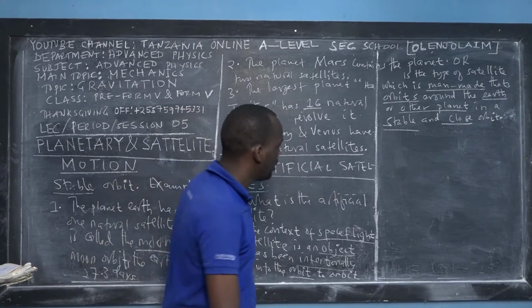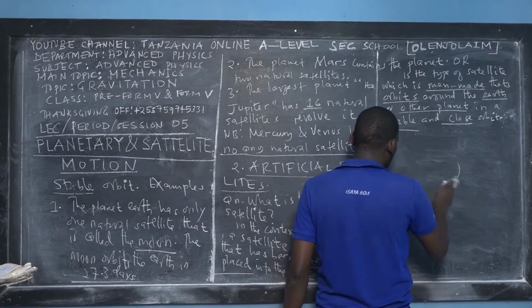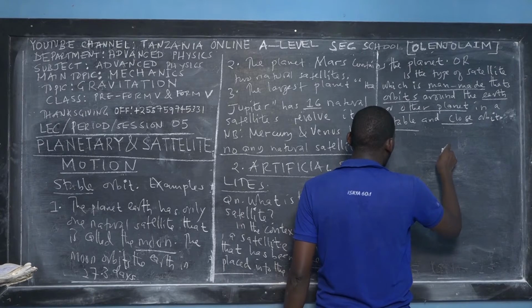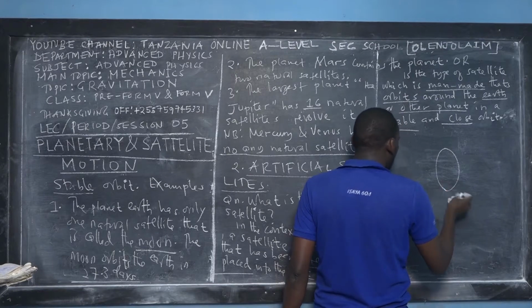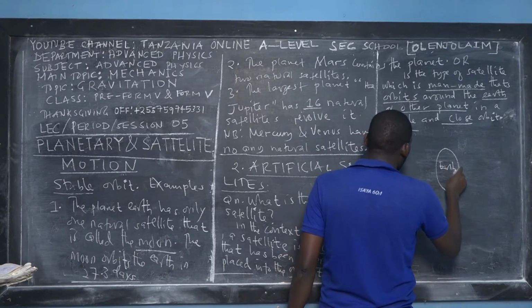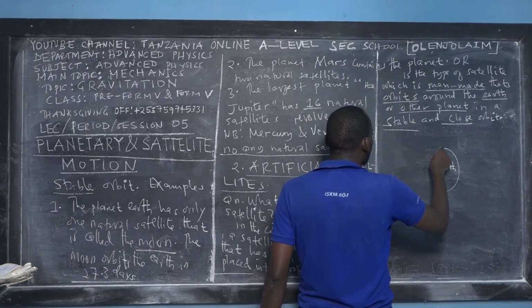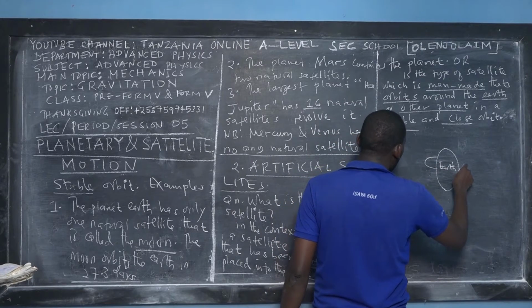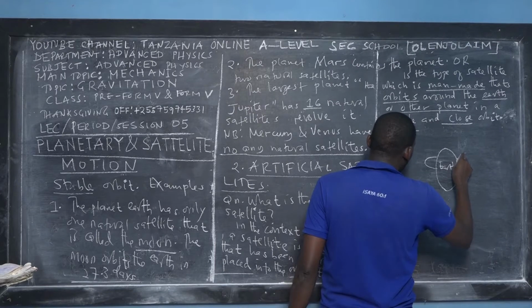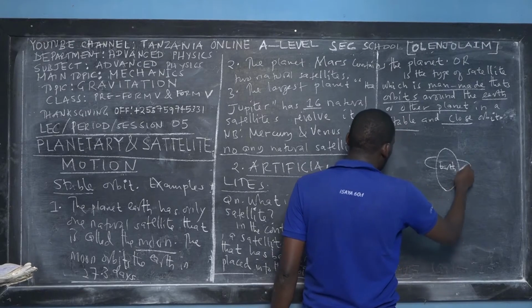So what does it mean? For instance, let's suppose that this is the Earth, and let us take its elliptical structure. So again, we have a satellite that's revolving around the Earth in this orbit, but nearby and close to the Earth's surface.